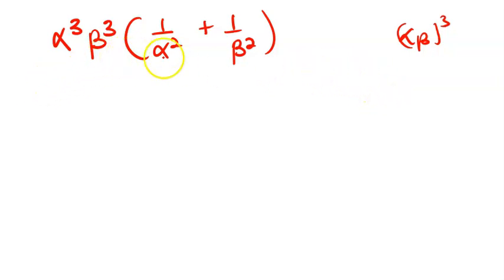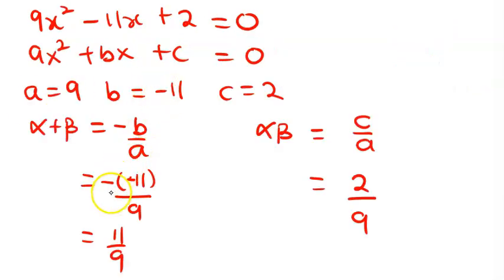But I want us to expand and simplify before we substitute the values. Now, one thing about symmetric functions is we always express the given expansion in terms of alpha plus beta and alpha beta. Why? Because we have the values of alpha plus beta and alpha beta from the given equation.